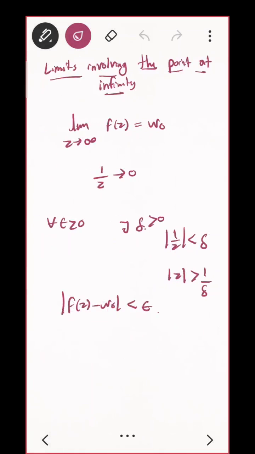So I have given you the definition. Using this, you have to prove this thing.